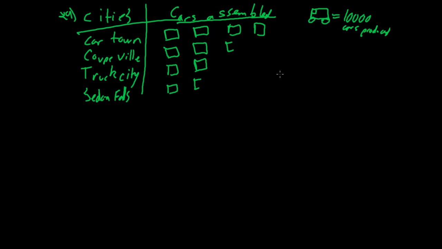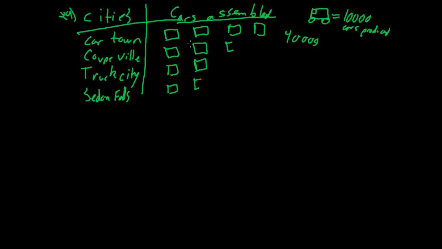So it wants to know what fraction of all the cars assembled in all 4 cities were assembled in Coupeville. So first we want to see how many cars total were produced in all 4 cities, and then we can divide the number of cars made in Coupeville by that total number. So we see Cartown made 10,000, 20,000, 30,000, 40,000 cars.